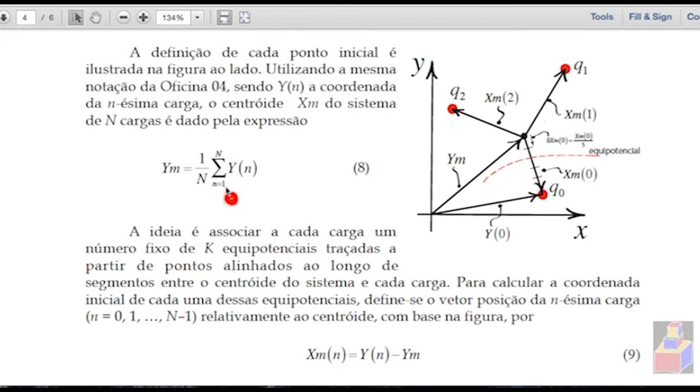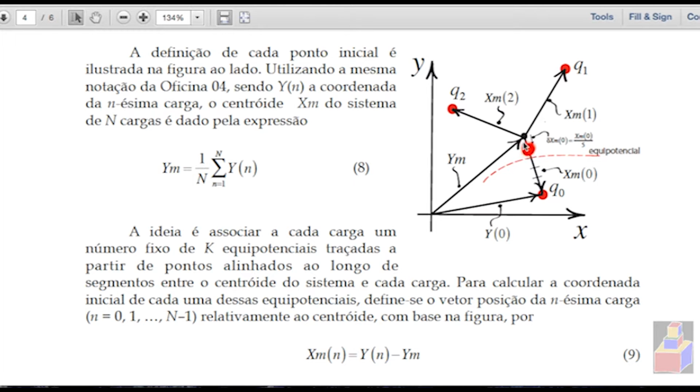We start labeling at n equals 0, in Mathcad. So n equals 0 to n minus 1. Yn are the vectors associated to the positions. Y1 would be from here to here, Y2 is from here to here. We sum these vectors, take the average, and you're going to find Ym. So the first part is to calculate the vector that defines the centroid of the system.